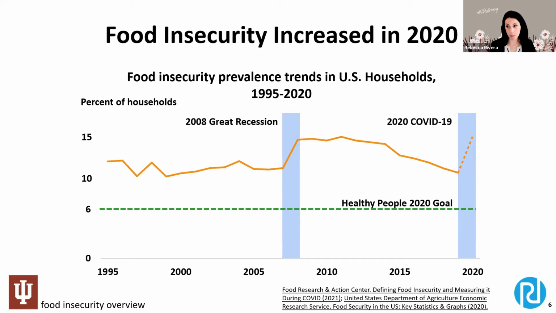That will come out in September of 2021, and we expect that data will confirm these preliminary surveys of food insecurity returning to really about 15% of all US households. And for households with children, you can add another few percentage points onto that for prevalence. It's even worse.